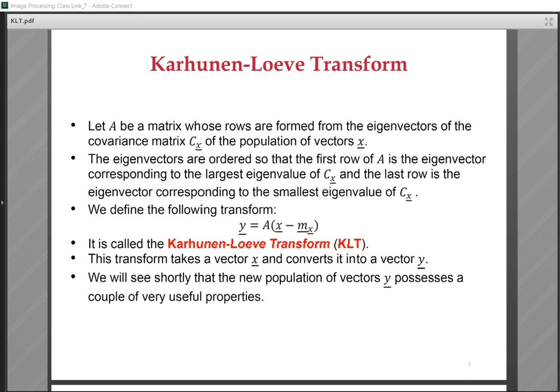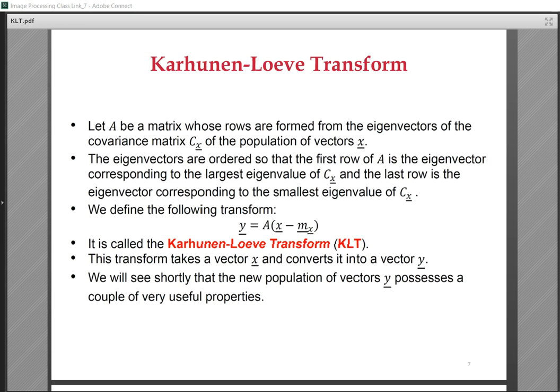Is it good or not? y = A(x − mx). All of them are vectors. This transform takes a vector x and converts it into a vector y, transferring from the first space to the next space, from x to y. We will see whether the y space is better than the x space or not.